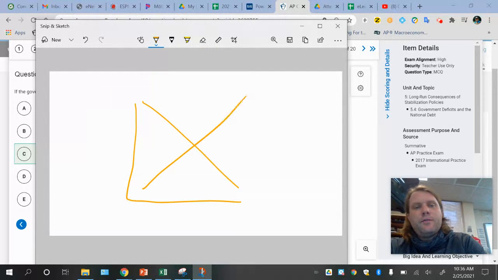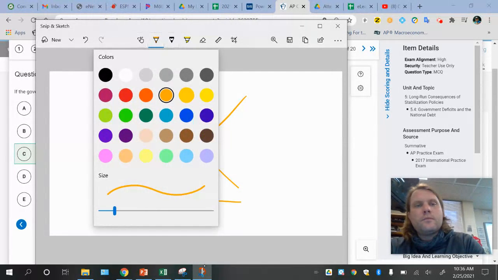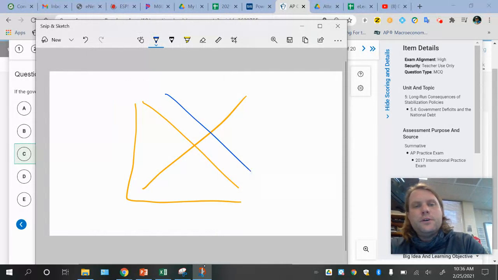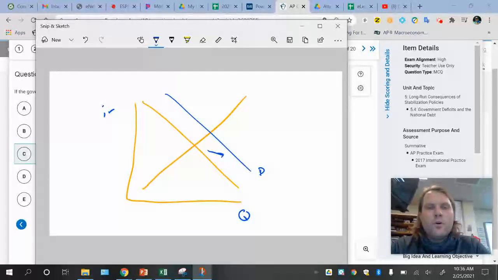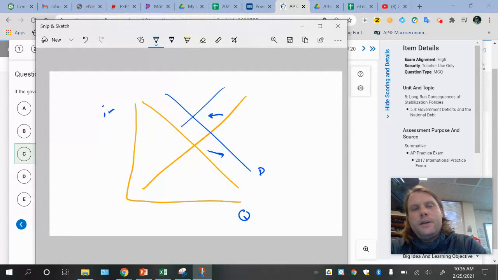increase the demand for money, right? So here's our second demand for money, interest rate, quantity. Okay, so that's our government borrowing more money. Now, assuming that the Federal Reserve is going to try to keep this interest rate back over here, right? Sorry, I'm backwards.